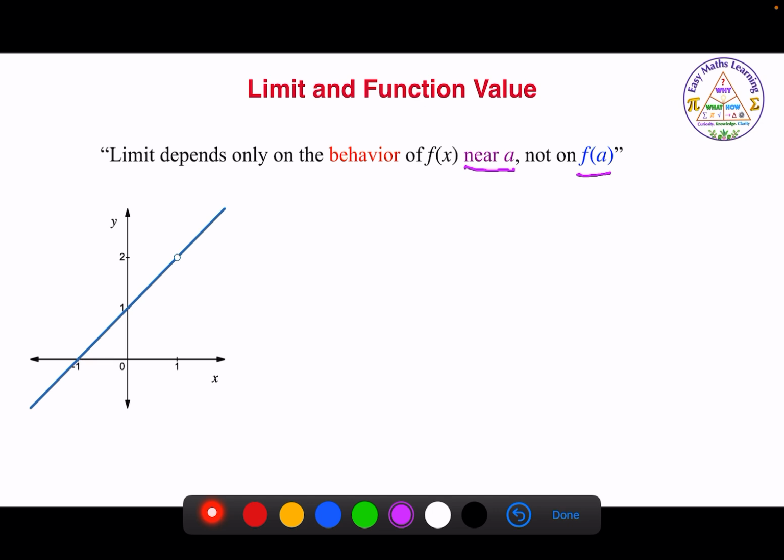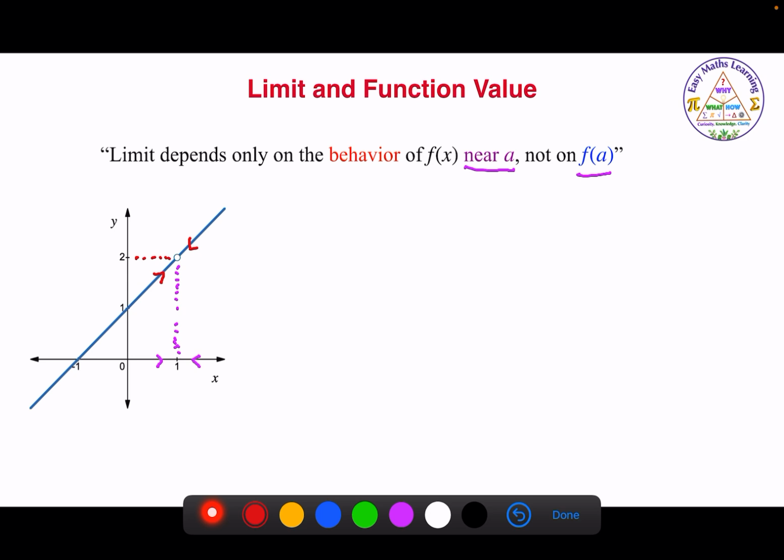In this graph, see, the function is undefined at 1, but the limit value is 2. How? As x approaches 1 from left or right, the function approaches the value 2.